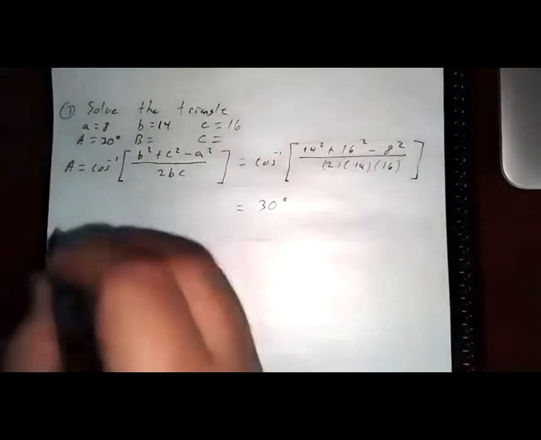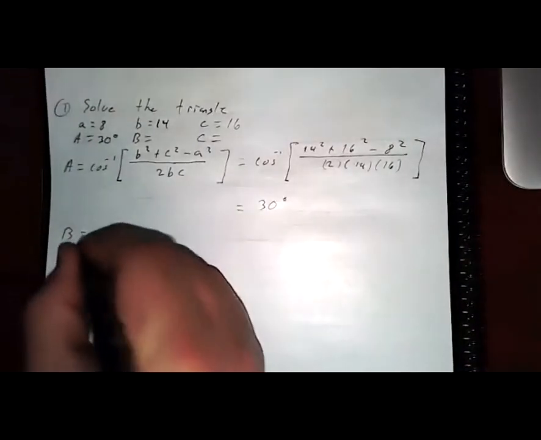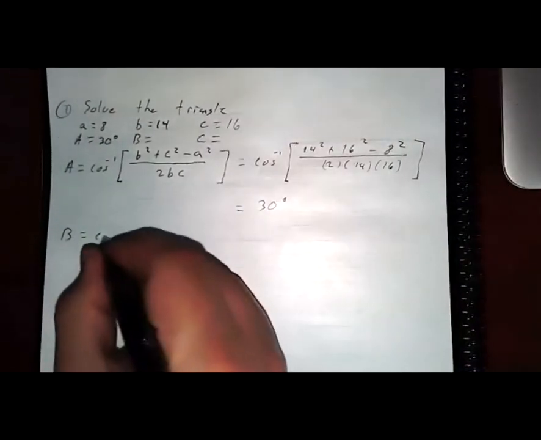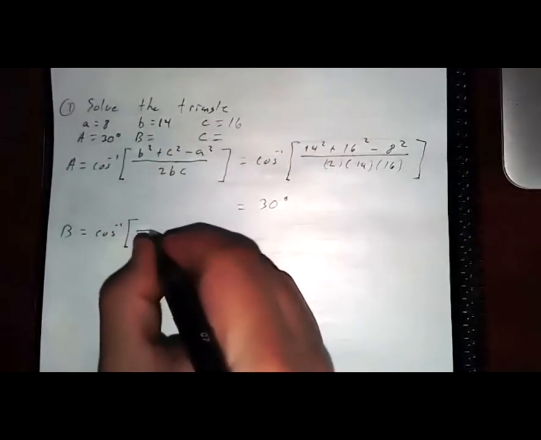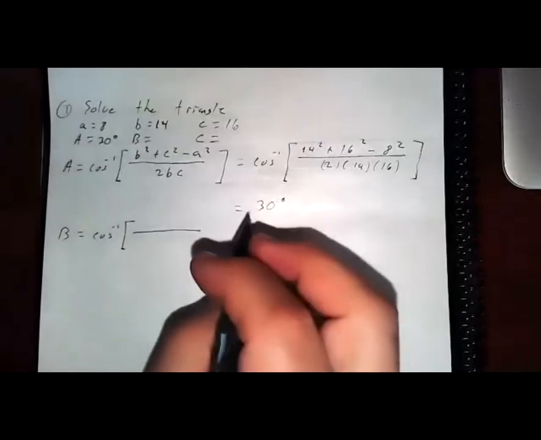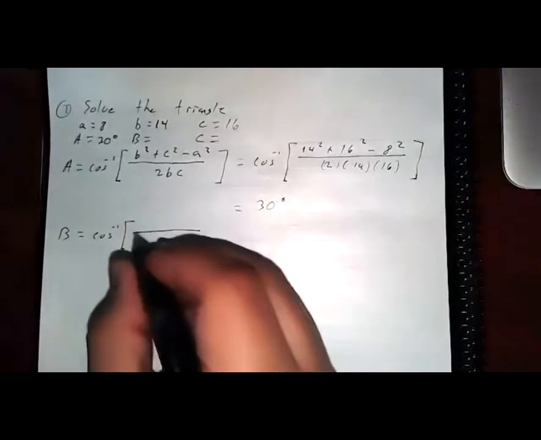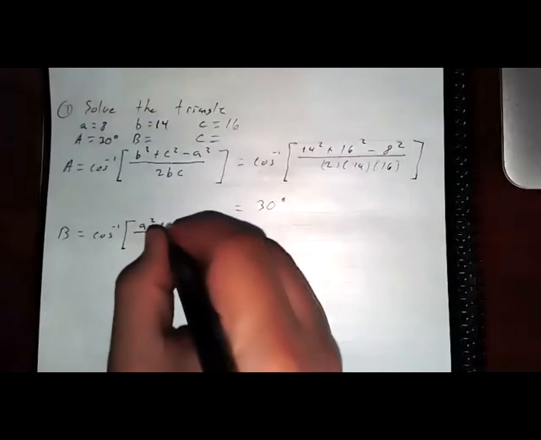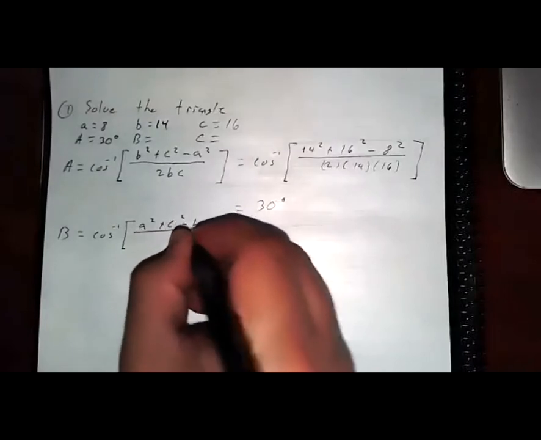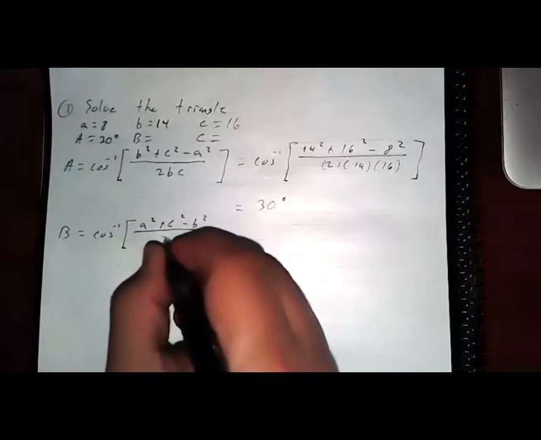Let's use law of cosines just for the practice, so I'm going to use the B formula, which is cosine inverse of A squared plus C squared minus B squared over 2AC.